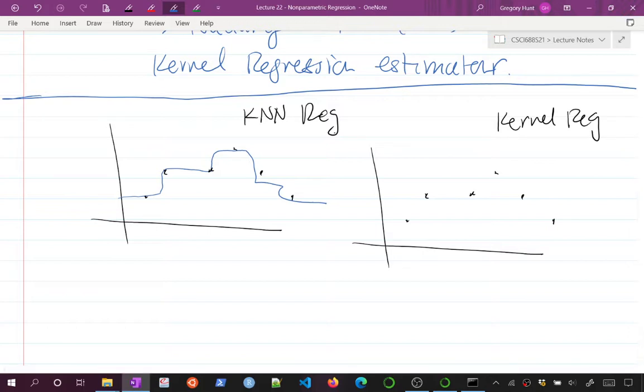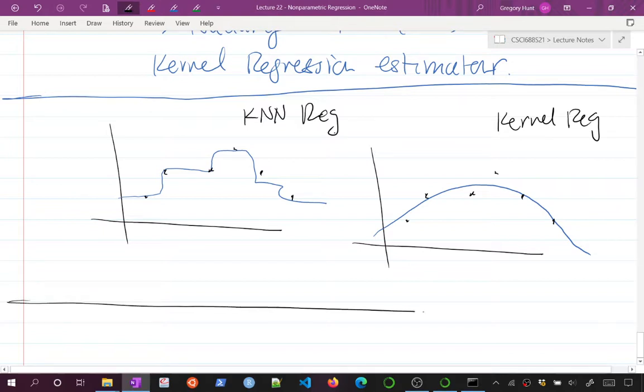A kernel regression estimator is going to fit something smoother, and this will depend on how smooth our kernel is, for example. It's going to end up fitting something nice and smoother, and so it's called a kernel smoother or kernel regression, and is a really nice, straightforward generalization of KNN.